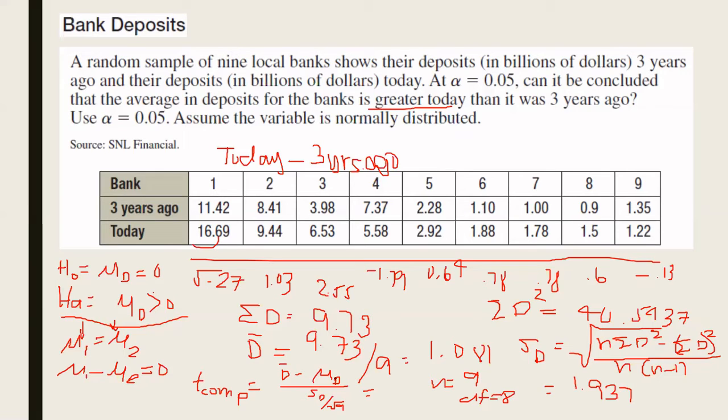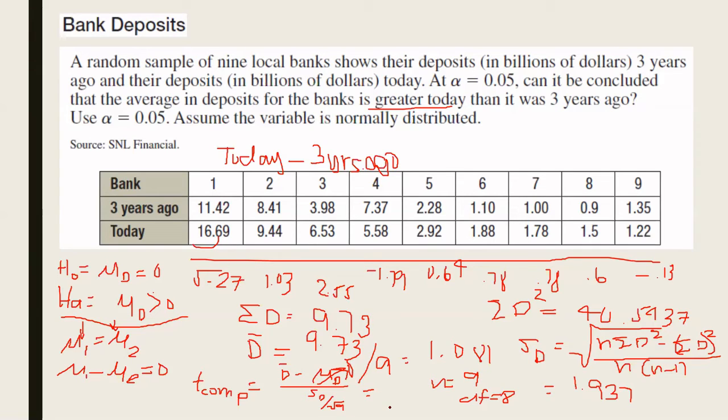So let's do this. So we have 1.081 because this is the mean of the differences, minus what is our mu d that we assume. Wala naman sinabi by how much, sinabi lang greater than. So therefore, 0 yan dyan. Okay? It's just 0. Yes, tama, 0.